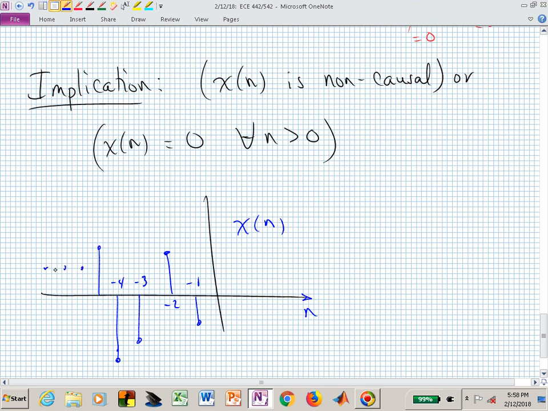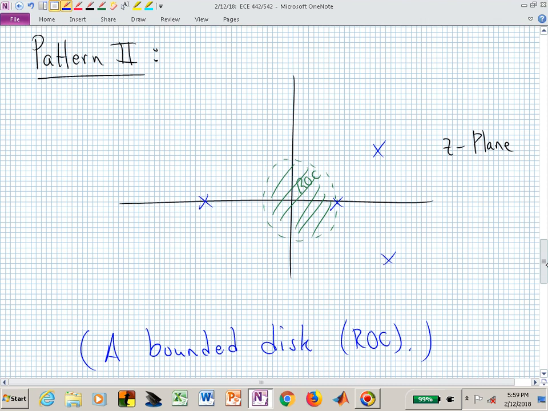And it just keeps going. It's unbounded in the negative index direction, in the time index. That's our sequence. And that would then give rise to pattern number 2.